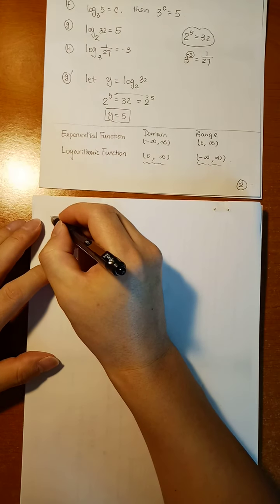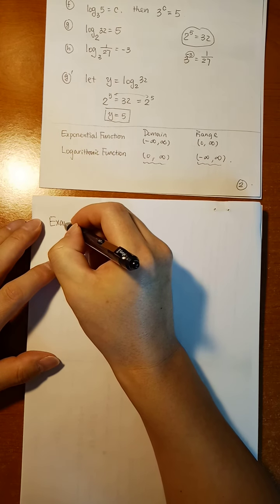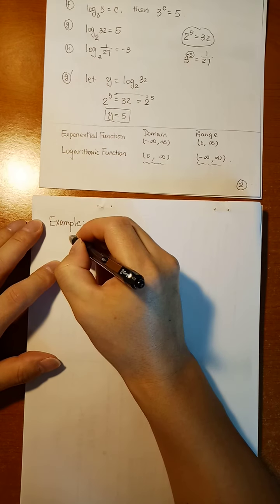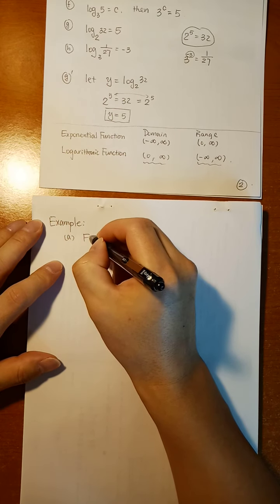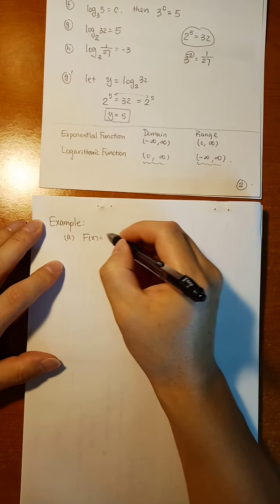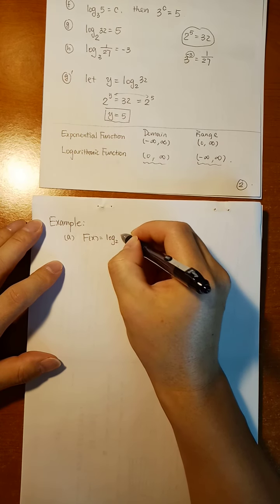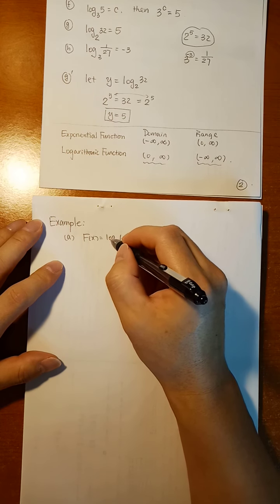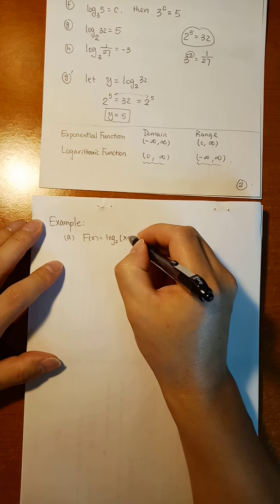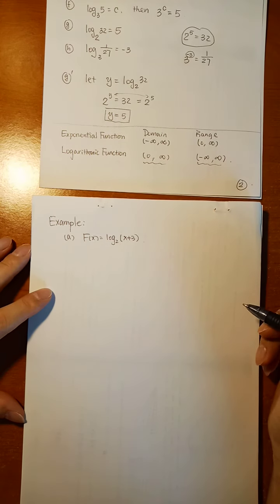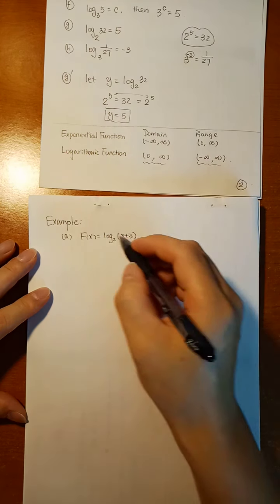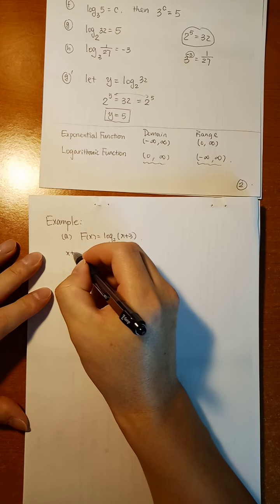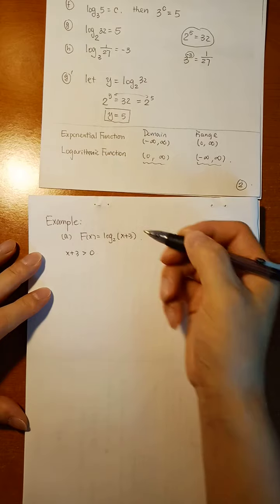Okay, so let's see. We have f(x) as the logarithm to the base 2 of x plus 3. Then what is the domain of this function? The domain of this function is the set of all real numbers such that x plus 3 is greater than 0.